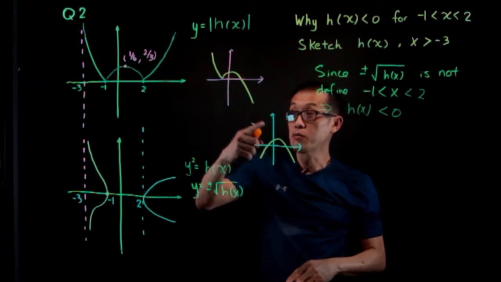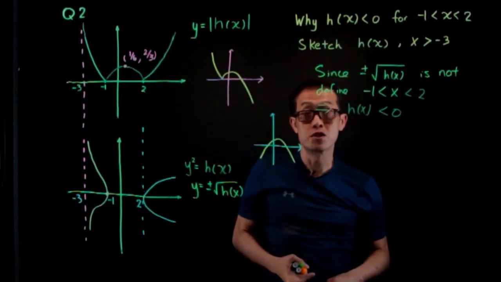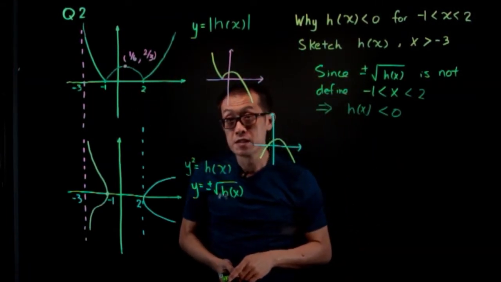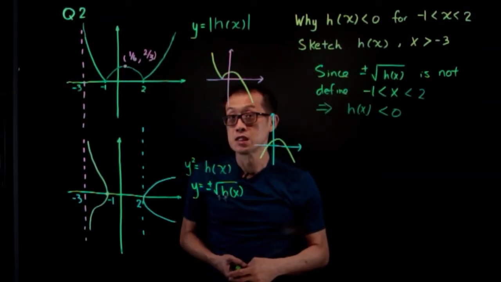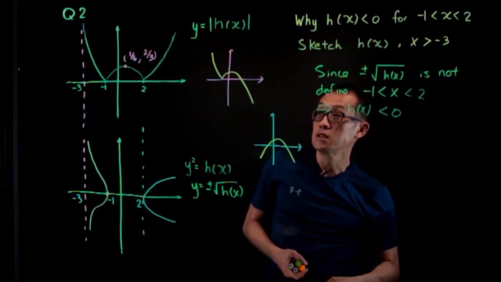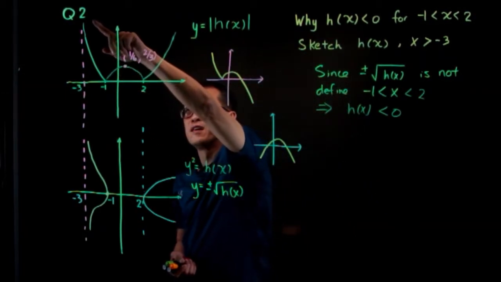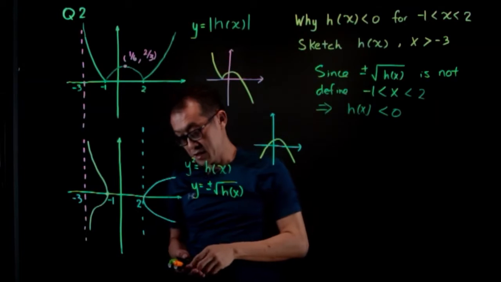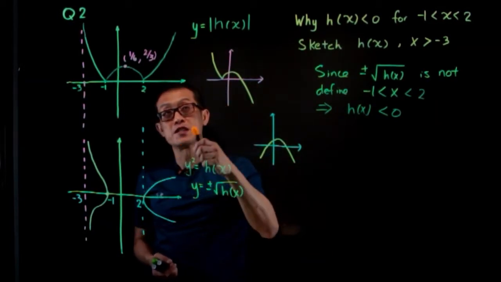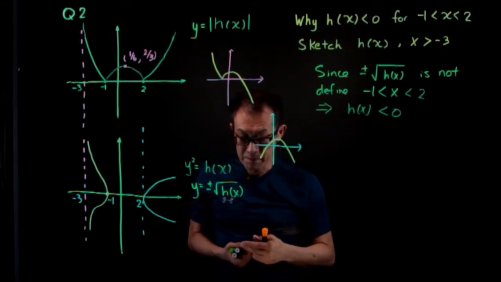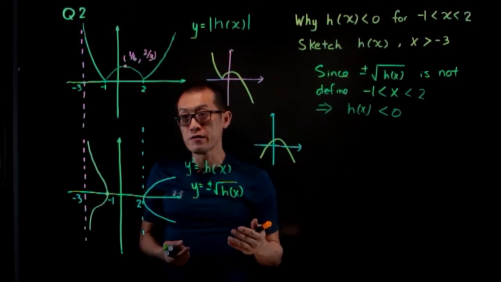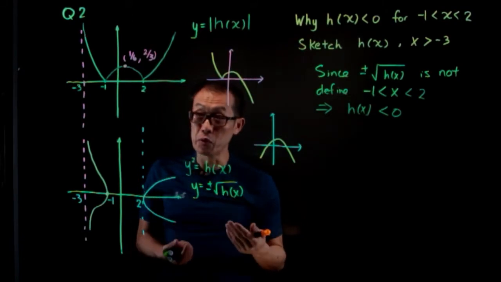Now we move on to the sketch of h of x. How do we sketch h of x? This is mod h of x. When you do a mod function, the negative values will become positive, whereas the positive values will stay put.